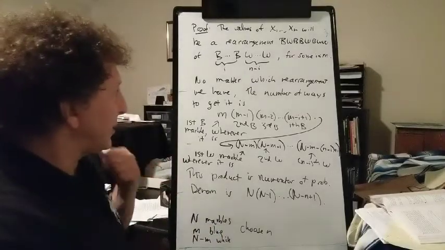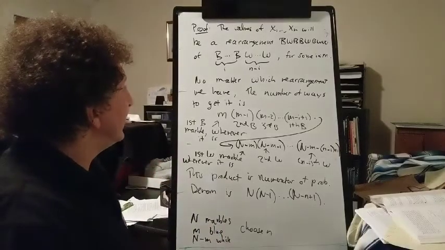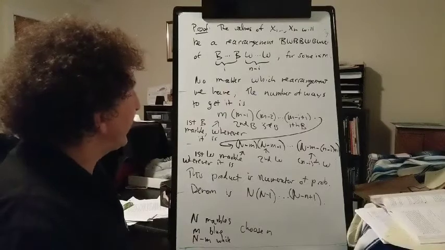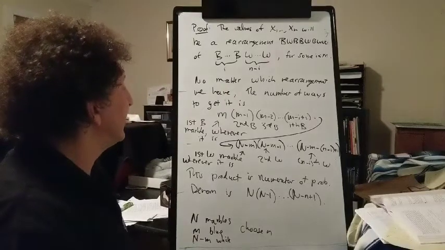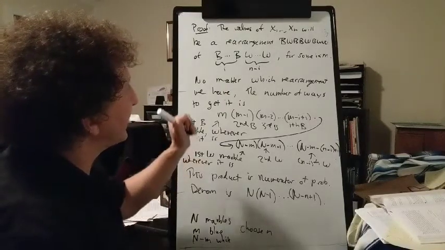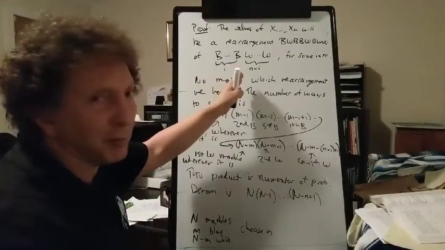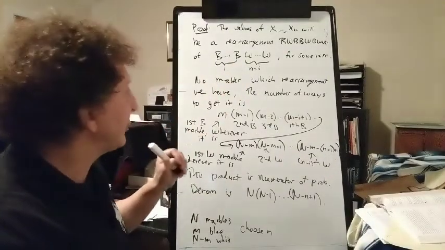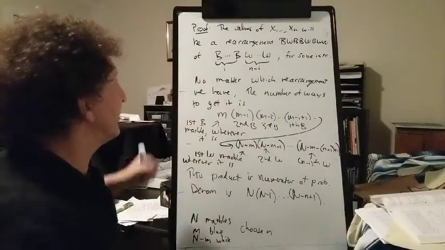Right, now a nice property of exchangeability is that if we want to compute the probability of something happening to the ith random variable, it's the same as the probability of that same thing happening to the first random variable.